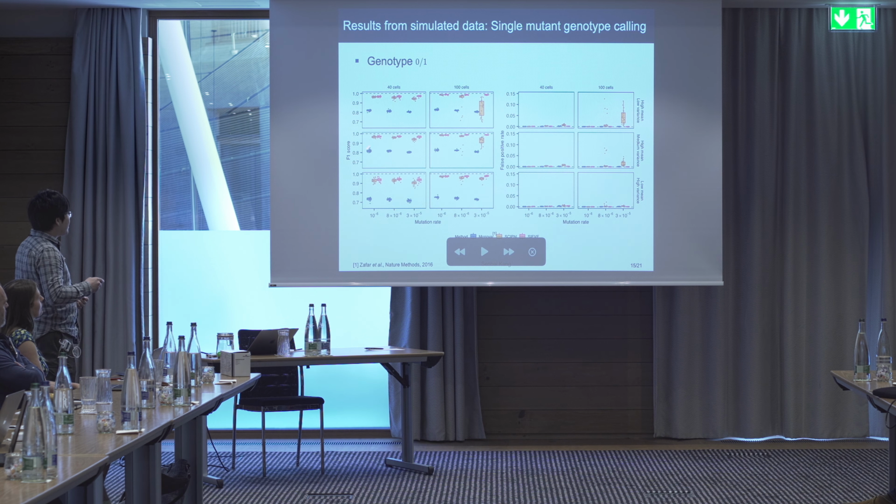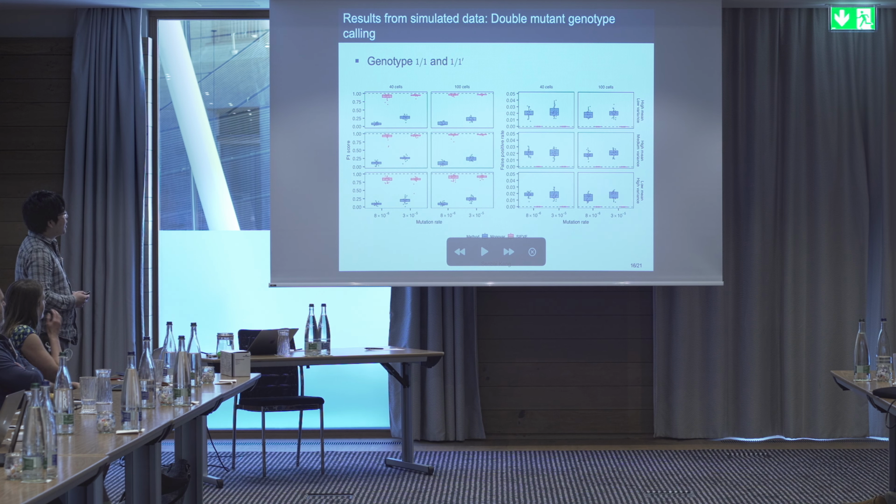In the F1 score, it is quite obvious that we can achieve the highest F1 score among all the methods and the simulation scenarios, and it is very close to 1. And for the false positive rates, our method as well as Monovar can almost achieve 0 false positive rate, which means it is highly accurate at calling genotype 01.